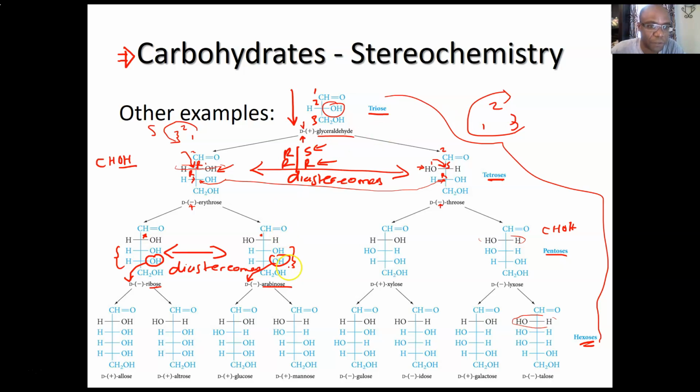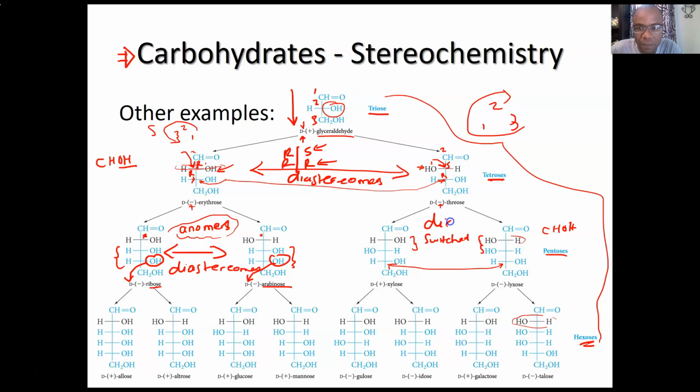Now even though I'm calling them stereoisomers, looking at this molecule, I think this one is kept, the stereochemistry there is kept, but now these two are switched. This stereochemistry is switched.